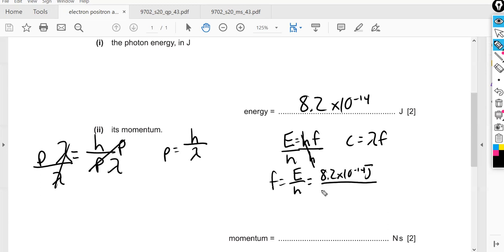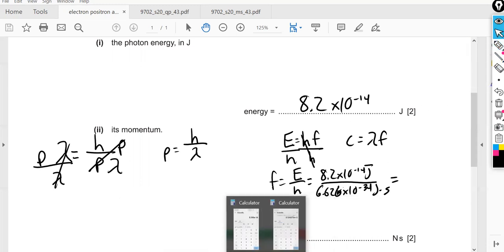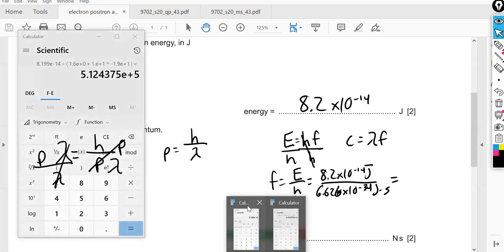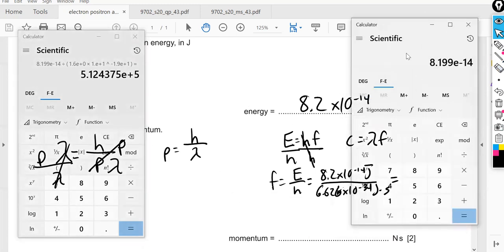Planck's constant is 6.626 by 10 to the negative 34 joule seconds. So what's that going to give us? All right, so I already got my 8.2 by 10 to the negative 14 there.